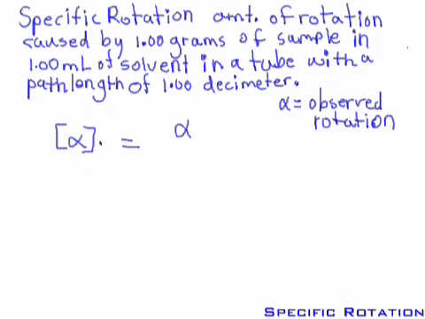Now, when specific rotations are reported, you often see a number as superscript, and a letter, often D. The number refers to the temperature at which the measurements were taken, and the D stands for the source of light, if you use the sodium D line.